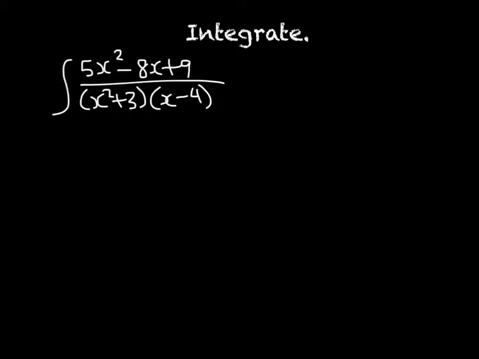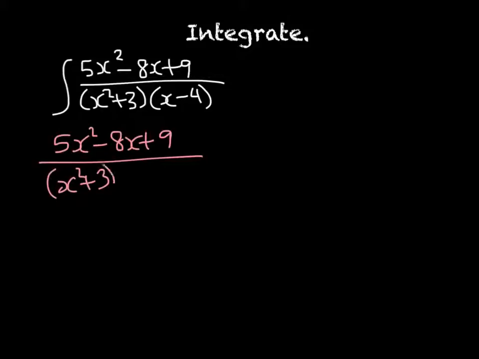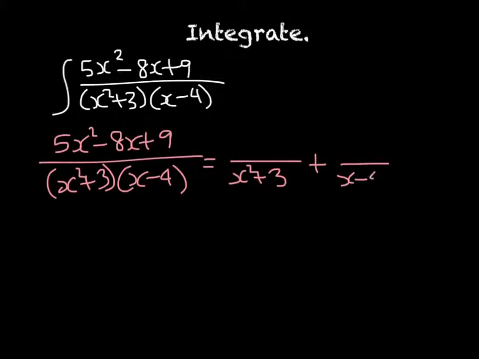Now we're going to do one final example of a case where one of the terms in the denominator is a quadratic. So we want to split our fraction up into 2 pieces, one of which is going to be something over x squared plus 3 plus something over x minus 4.